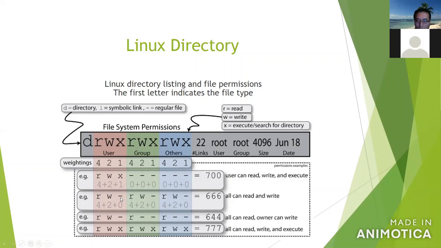If you have a 3-bit binary, this bit means 1, this bit means 2, and this bit means 4, right? By doing this, you can change the mode of a specific directory or file. Let me show you.